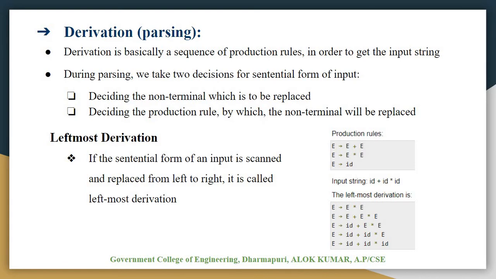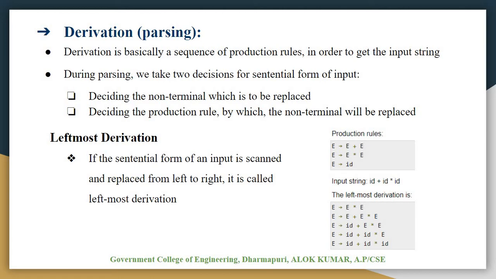Based on this, we will see what derivation trees there are: the leftmost derivation tree and the rightmost derivation tree. Derivation is basically a sequence of production rules used in order to get the input string. During parsing we take two decisions for the sentential form of the input.